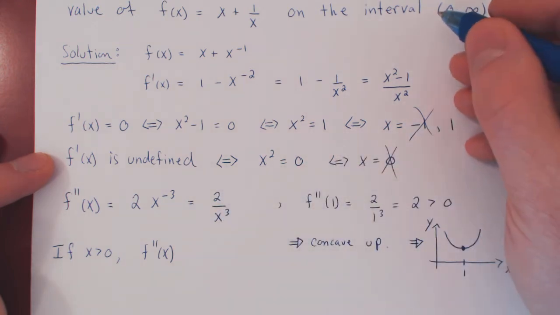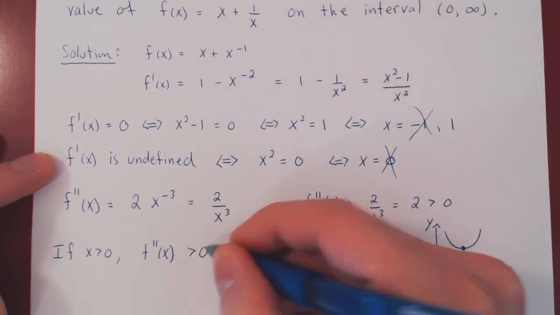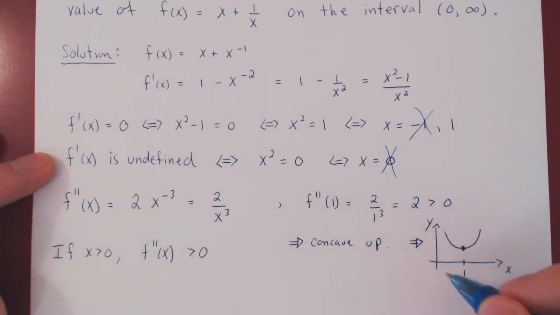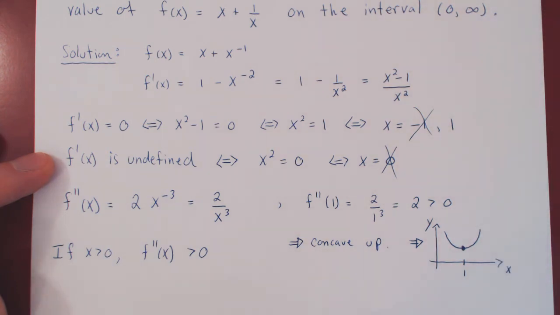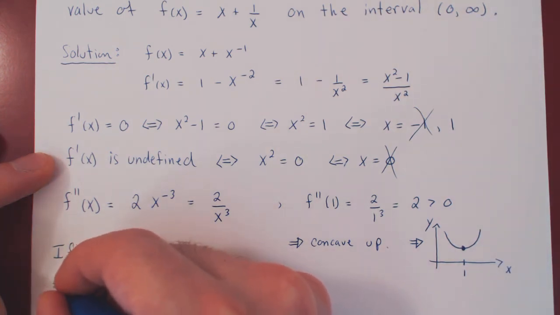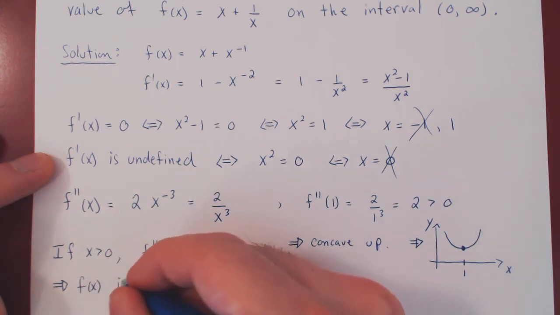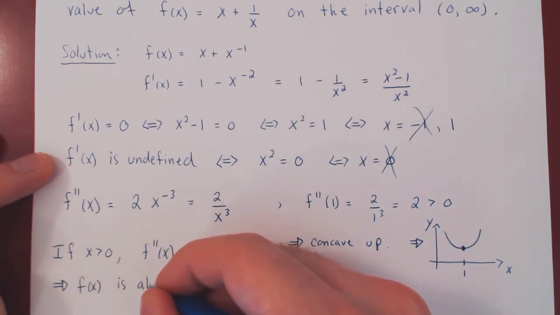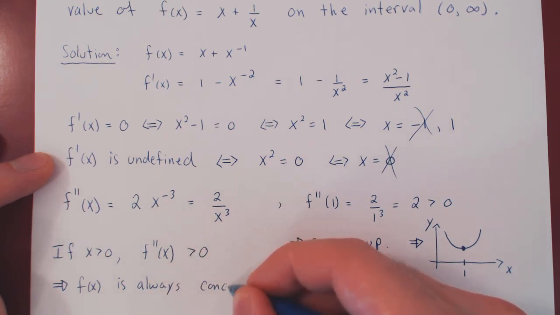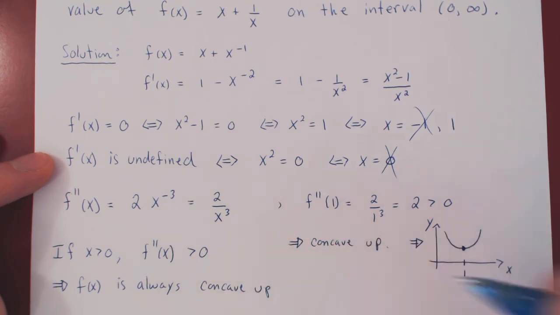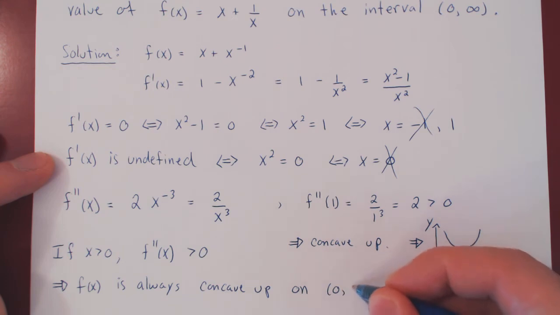Therefore, for every value inside our interval, the second derivative is positive. And so not only is the curve concave up at 1, it's concave up everywhere for positive real values. On, of course, our interval from 0 to infinity.